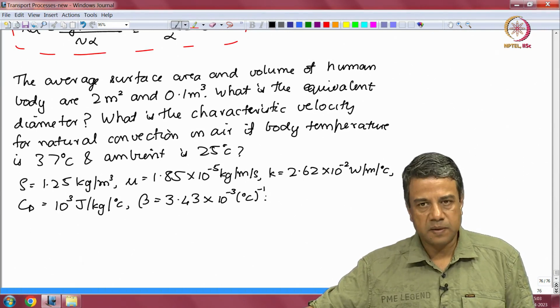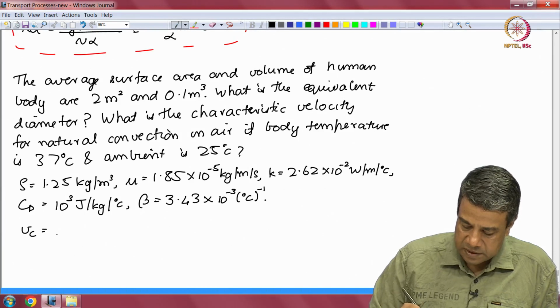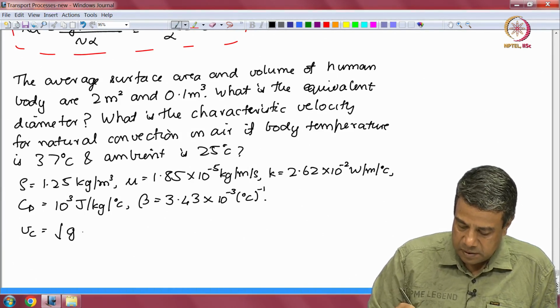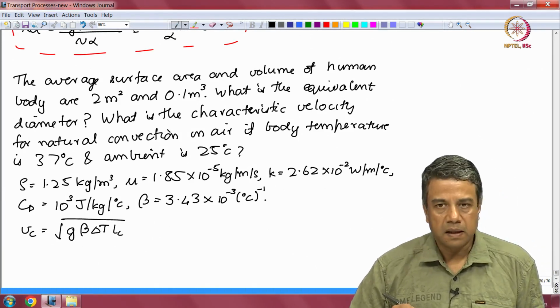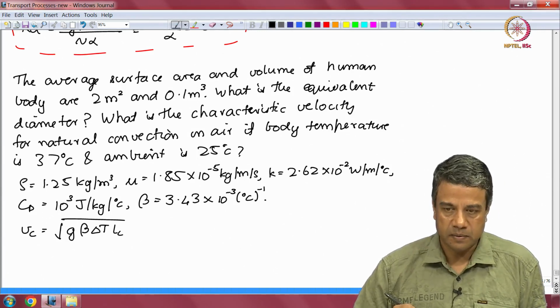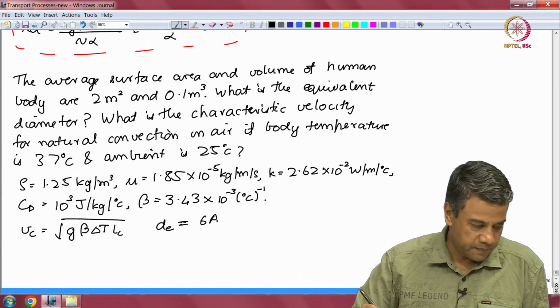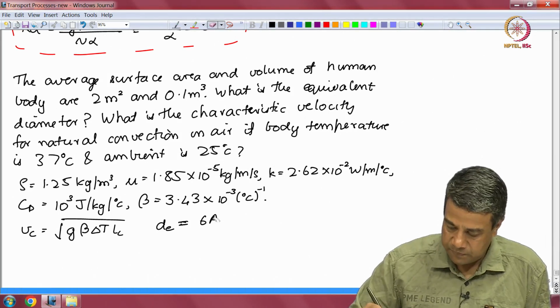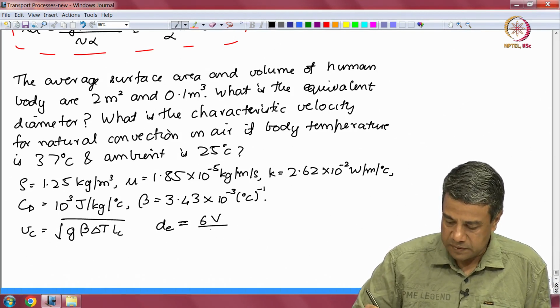So, how do we estimate the characteristic velocity? We know that the characteristic velocity is equal to root of g beta delta T Lc. The characteristic length in this case will be the equivalent diameter of the human body. dE is equal to 6 times the volume by the surface area.